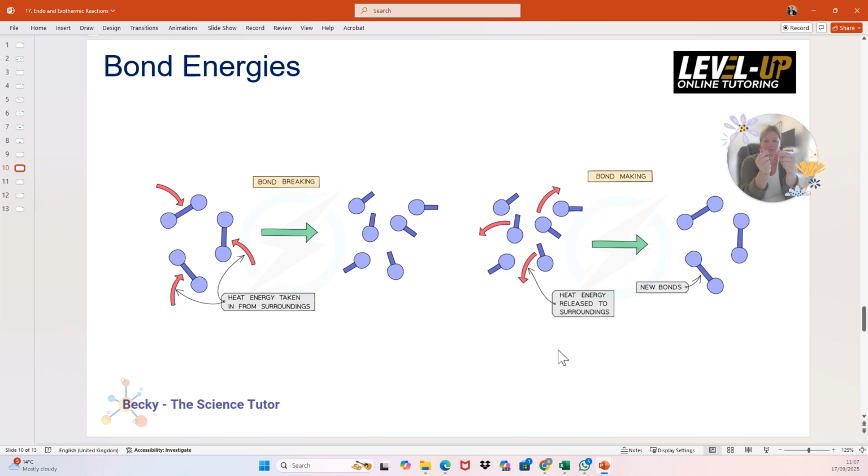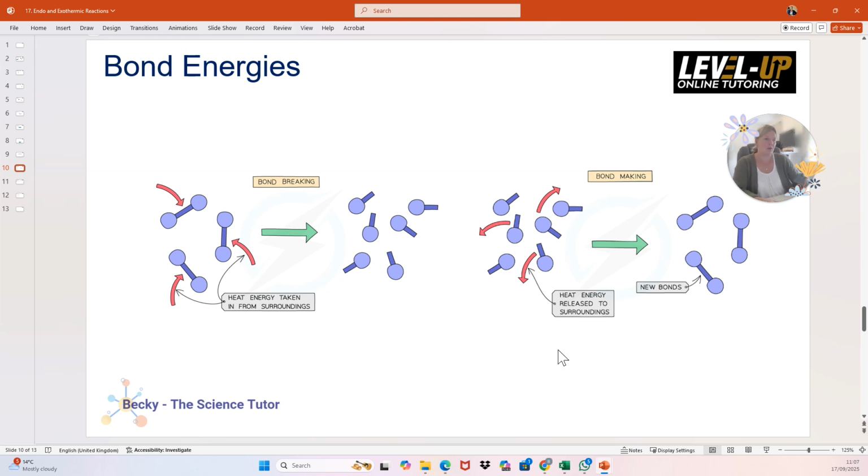Perfect example, having to put that energy in to break those bonds apart, because I want to use these individual oxygens to attach them to something else.